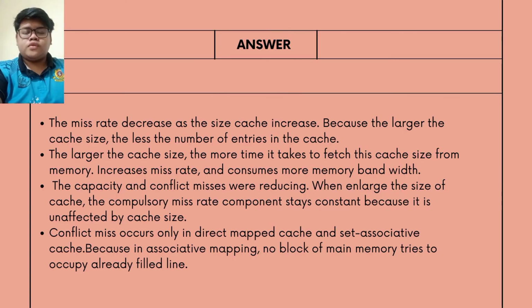Why? So the first answer, for discussion number 1, is the miss rate decreases as the cache size increases, because the larger the cache size, the fewer the number of entries in the cache. Answer number 2, the larger the cache size, the more time it takes to fetch from memory, which increases miss rate and consumes more memory bandwidth.